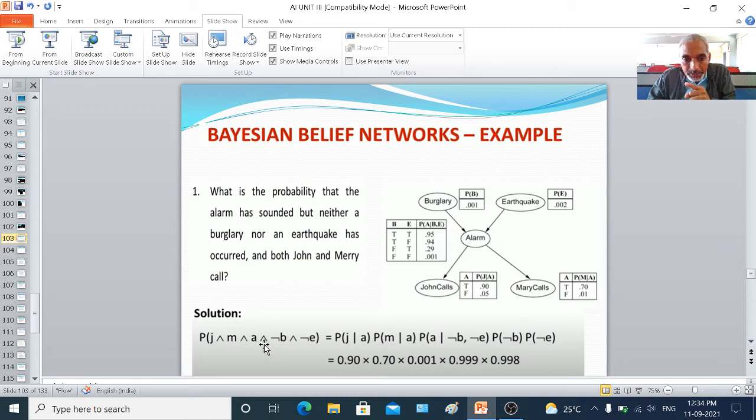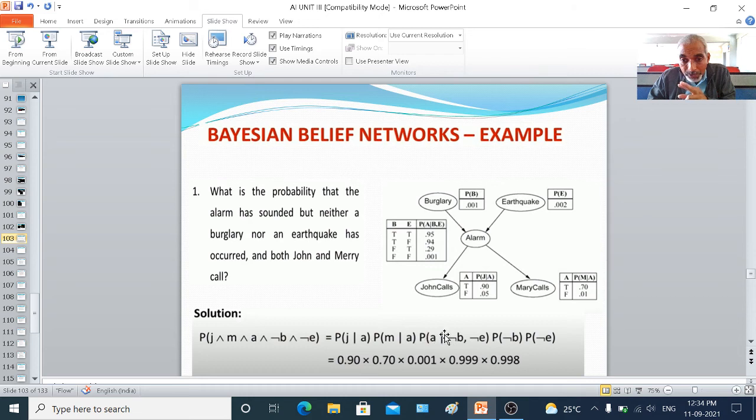Next event is our alarm ringing, A, the third one, into probability of A. Now if you look at this diagram, when the alarm will ring depends on event B and event E also. Both have to be taken into consideration. So the probability of this event A given that, now what is given? Look at the problem: neither burglar nor an earthquake, so both have not occurred.